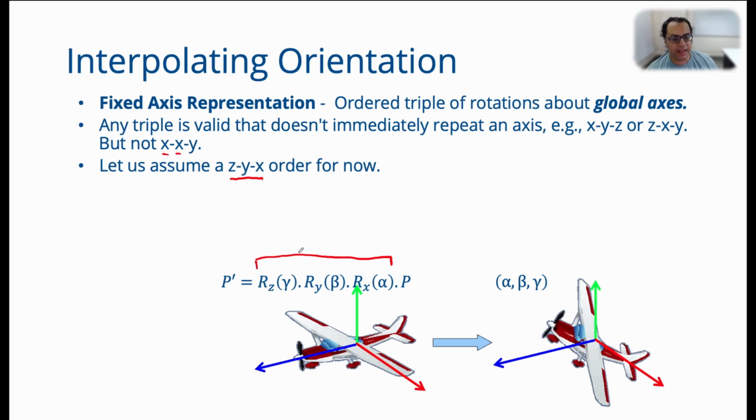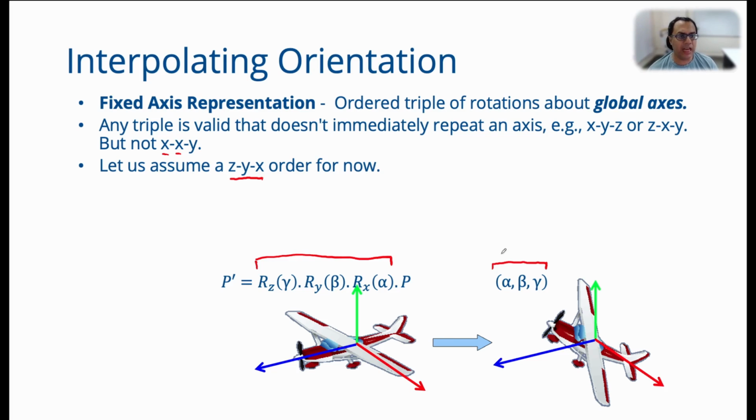So this is a very convenient representation. You just need three numbers to represent the orientation of the object, and this is with respect to fixed axes. The axes themselves do not move. Such a representation is called a fixed axis representation. So the orientation of the object is changing, but the axes are global axes and they are not moving.